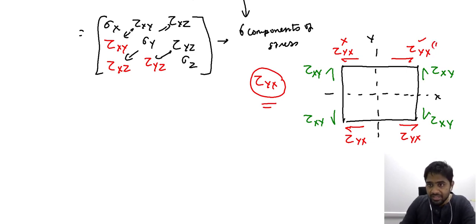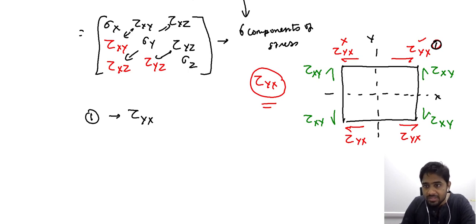Let us designate this as 1. The first shear stress that we are considering is tau yx. Now when you consider the plane on which it is acting and the direction in which it is acting, this is your x plane and this is your y plane, and this plane here, the plane in red, cuts the y-axis in the positive side.